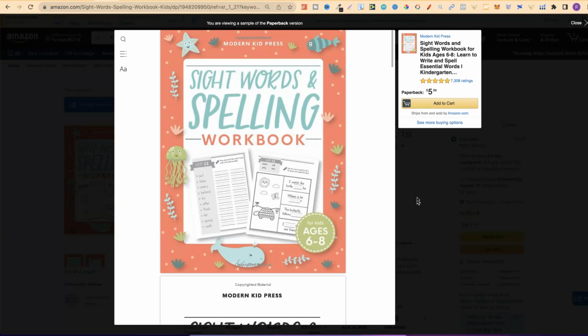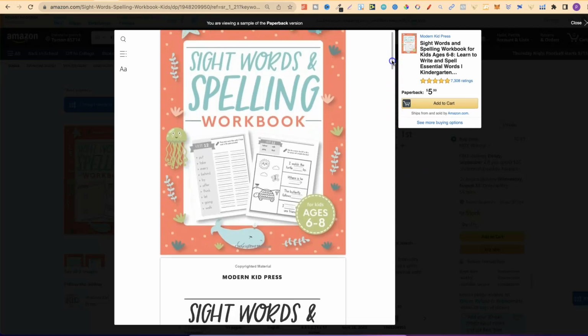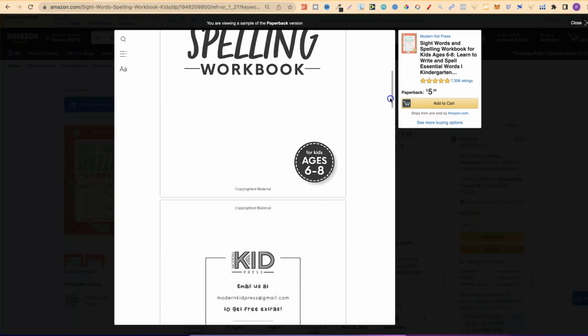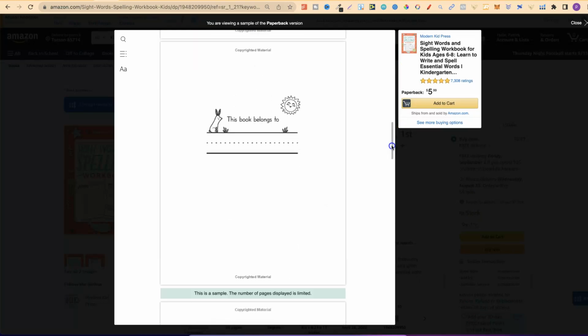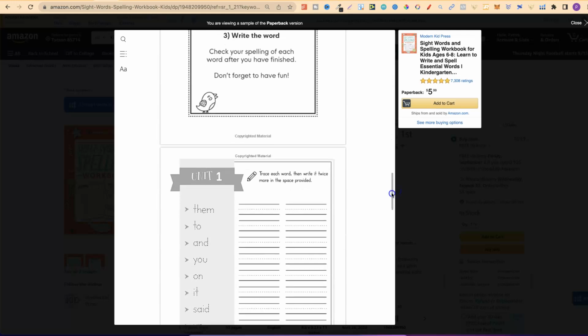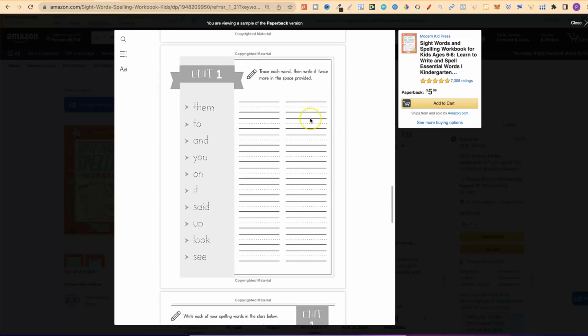There's lots of different learning books for kids that you can actually go ahead and create. Now again, this one's sight words and spelling. So if we scroll down, we can see what that interior looks like. So the first page is letter tracing. That would be another type of learning books. But that's book number 13, and that's kids learning books.